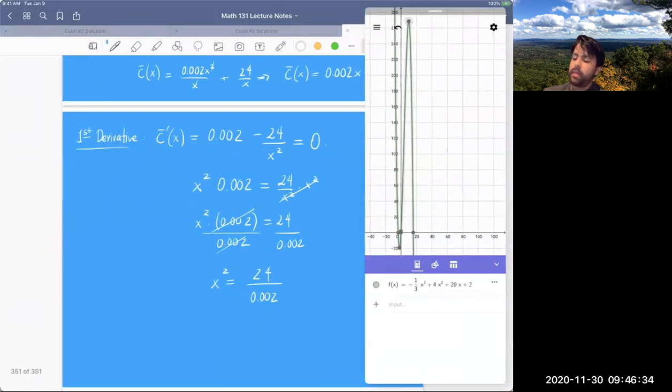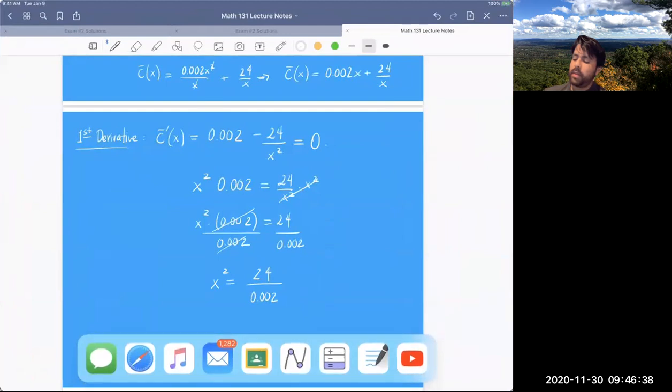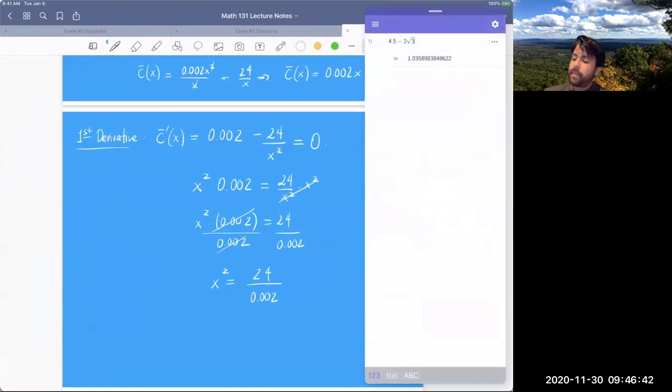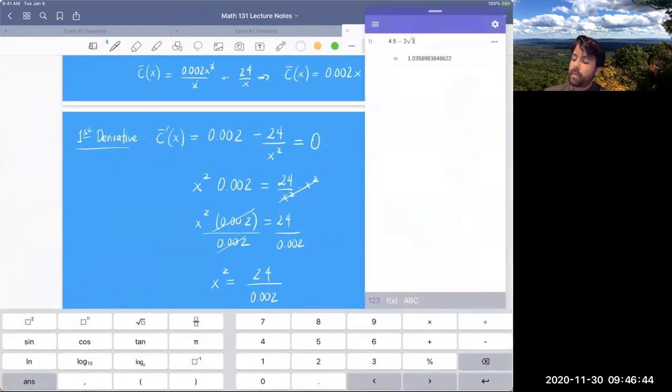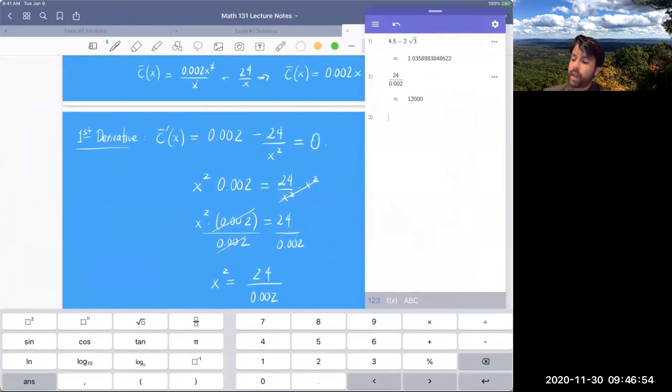So then, to calculate this, what do I get? 24 divided by 0.002 is 12,000.